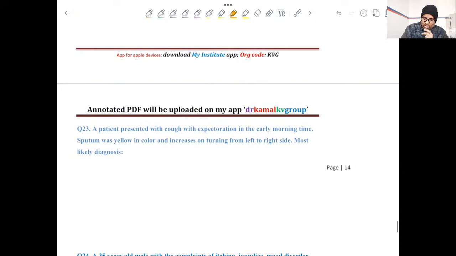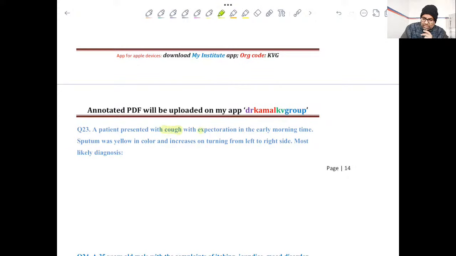Then moving forward, a patient with cough, expectoration, especially in the early morning hours, and the sputum was yellow in color, and more importantly, this increases on turning from left to right side. So what case is this?